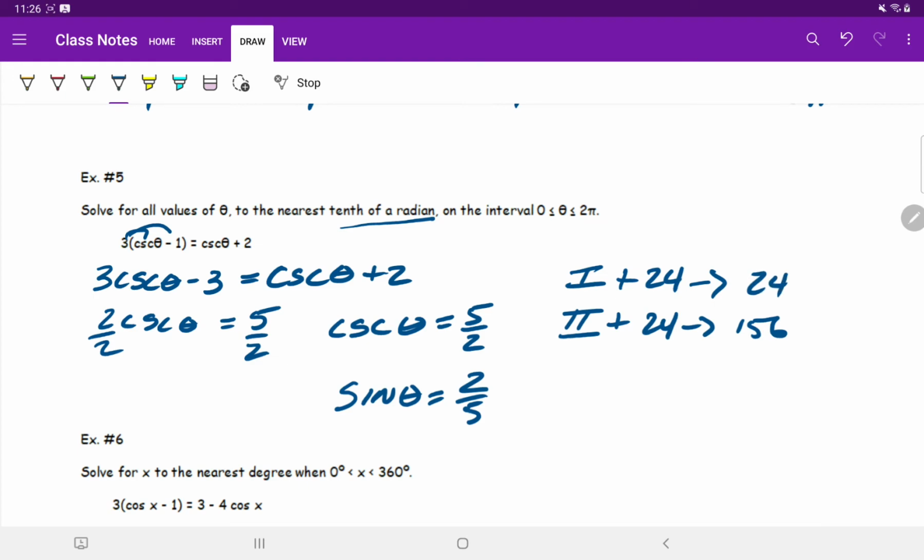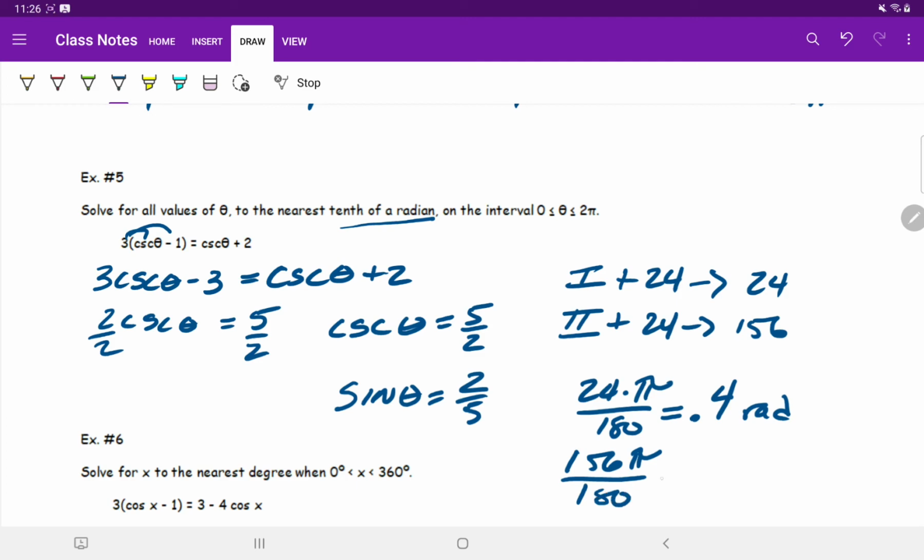Now they want this to the nearest tenth. So 24 pi over 180 gives me approximately 0.4 radian. 156 pi over 180 gives me about 2.7 radians.